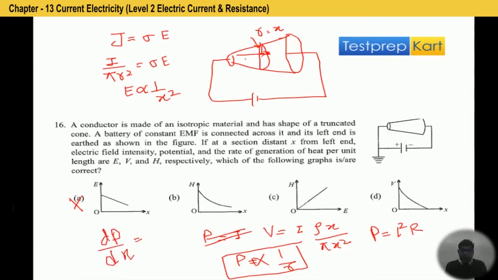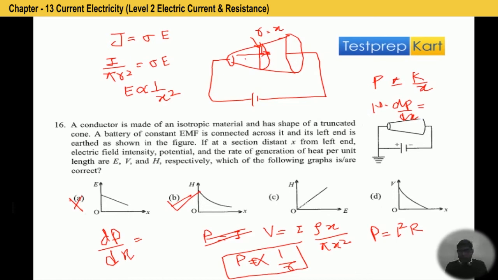So if power is inversely proportional, or we can say some constant over x, and heat is dP over dx, we'll get this graph for the heat. So this option is definitely correct.